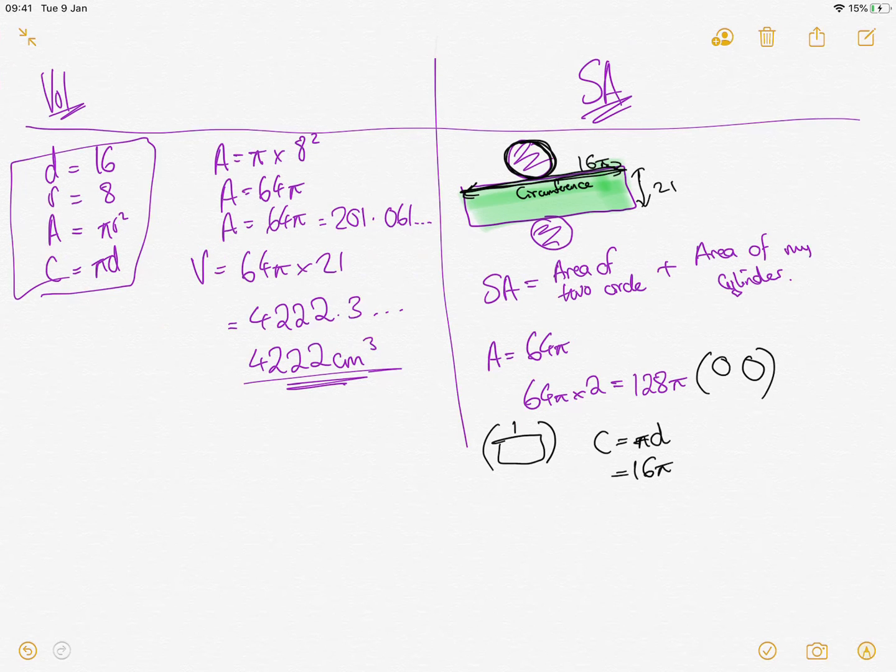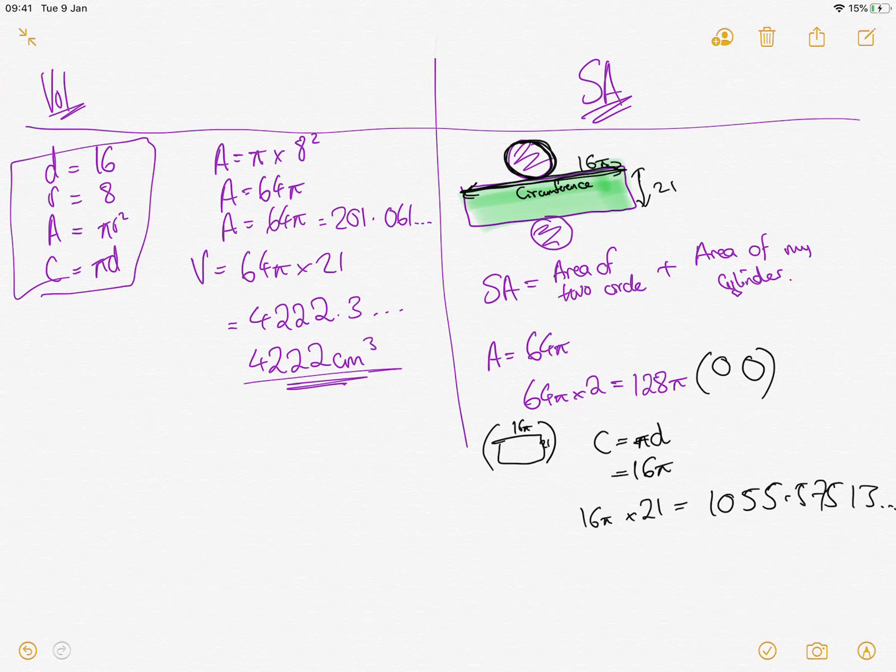To get the area of the rectangle then, I need to do 16 pi times 21, which obviously you need your calculator for. 16 times pi times 21 is 1055.57513 blah blah blah.